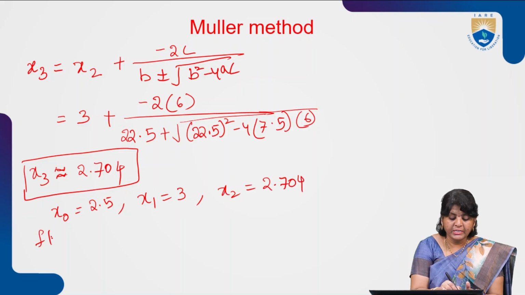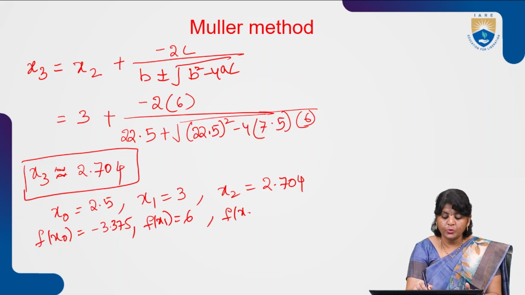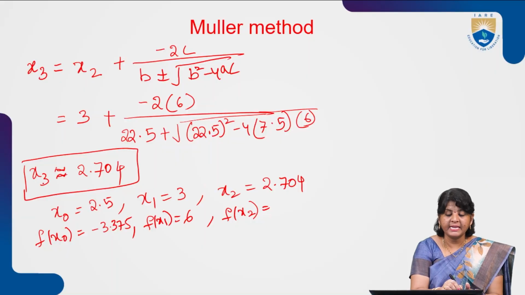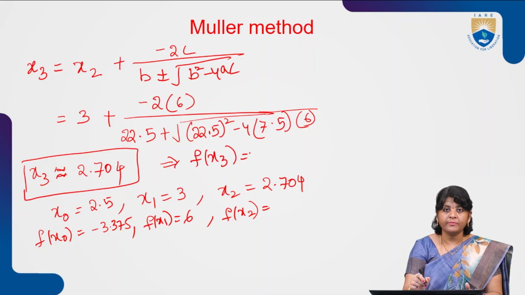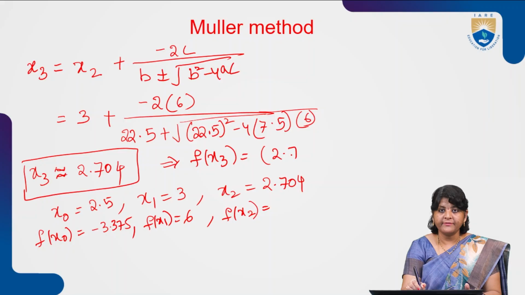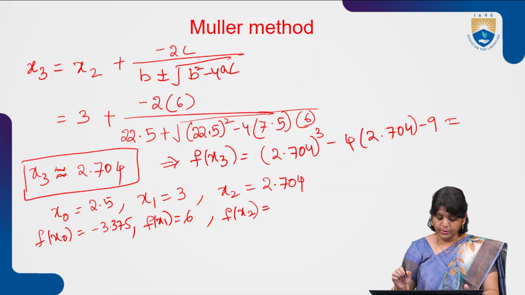Now f of x0 for 2.5 we calculated as minus 3.375, and f of x1 we calculated as 6, and f of x2, this is x3 taken as x2 here. So we need to consider f of x3, which is 2.704 whole cube minus 4 into 2.704 minus 9. What is the value of this? That we need to calculate.